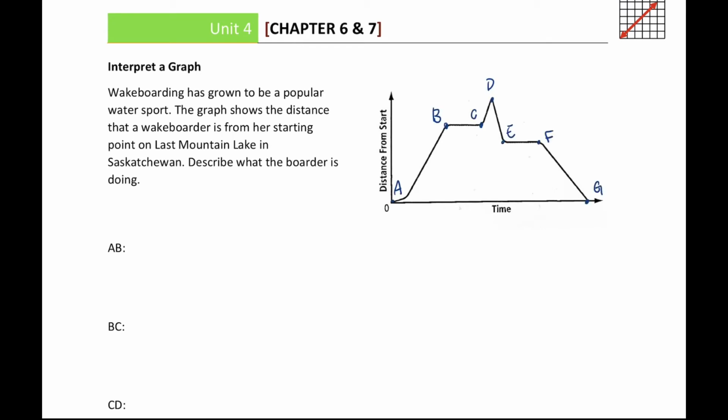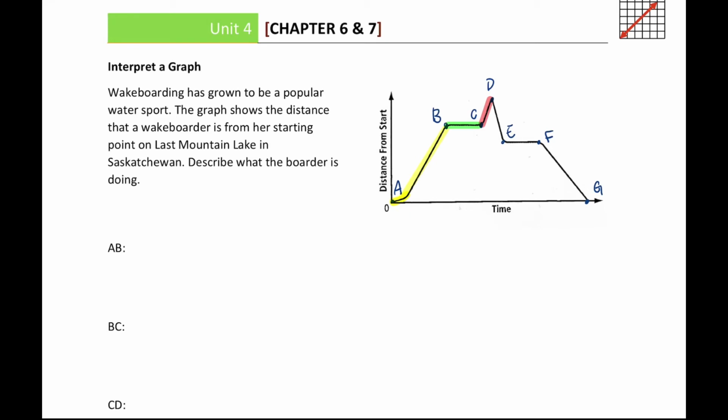Let me highlight certain areas. So the distance from the start had a slow increasing movement, and then it goes up constantly. After a certain point, from B to C, this distance doesn't change. And from C to D, distance increases at a faster rate, so steeper.